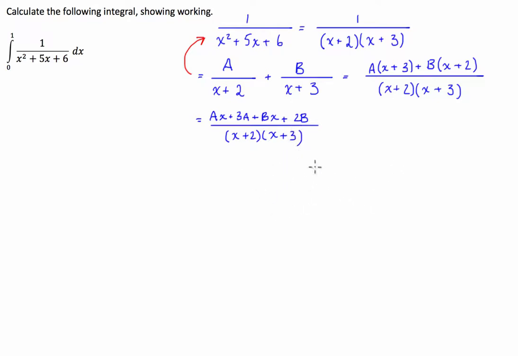Great. Now I'm going to regroup my numerator so I have the x's together so I can factorize them. So I'm going to factorize the x's.